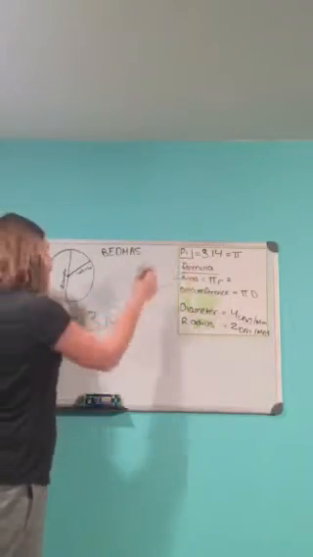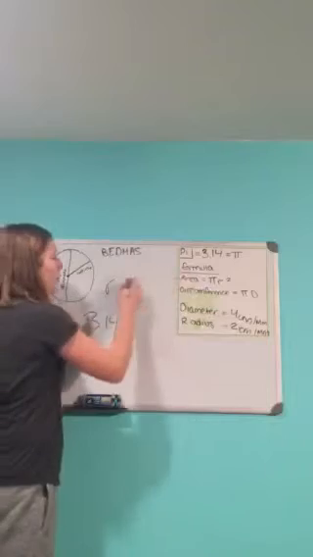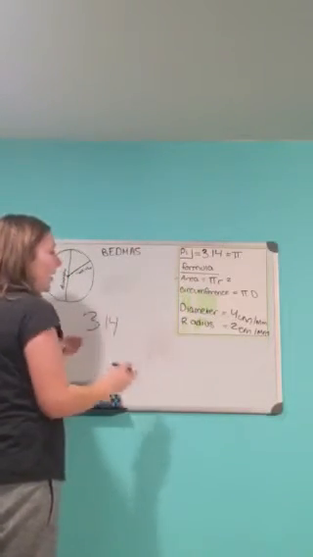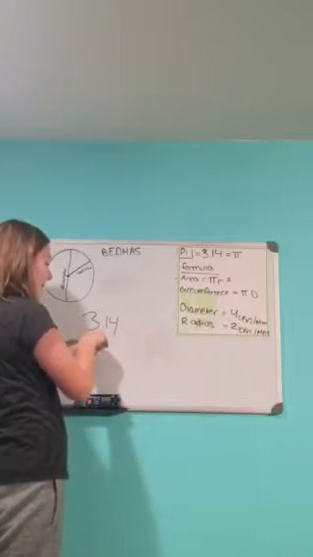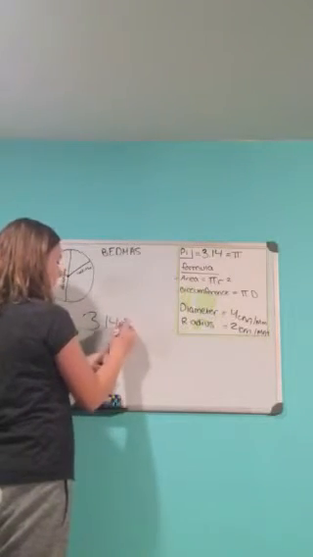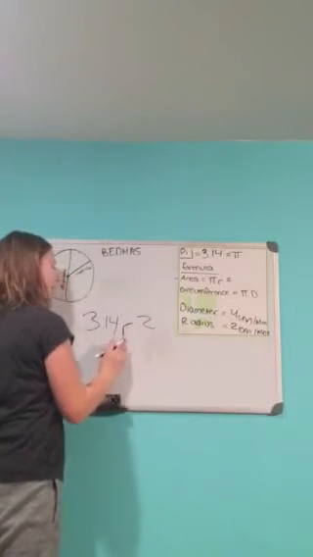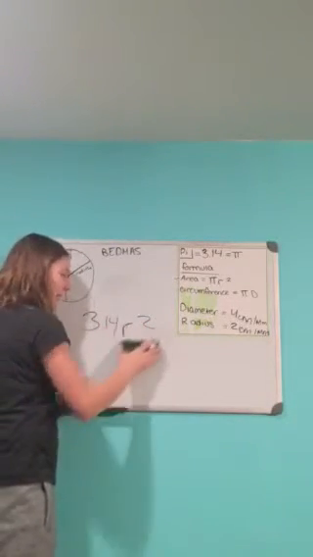Almost looks like pi. Then we have r, and then we have 2 letters after it, area. So that's how I like to remember how to do area, is I need pi, then r comes after it, and so does 2 letters. So that's how I like to remember the formula of pi.